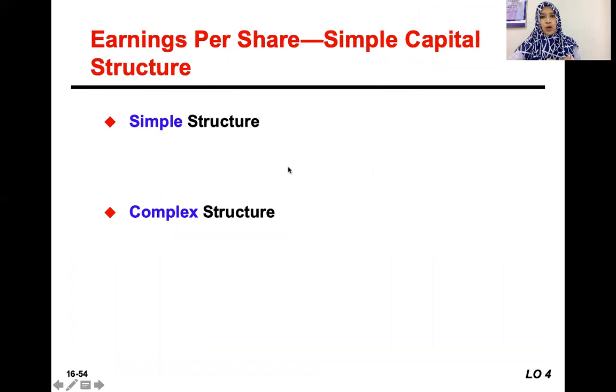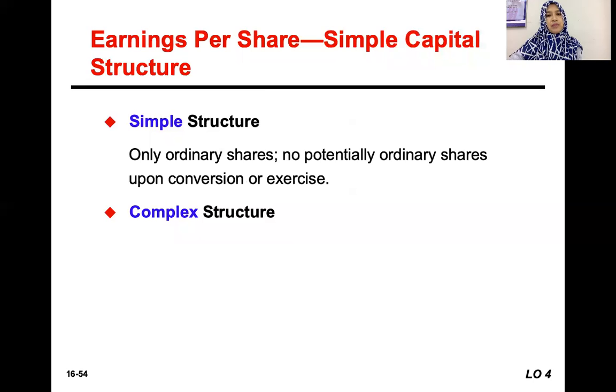To calculate earnings per share, there is a different approach for simple capital structure and complex capital structure. A simple capital structure has only ordinary shares and doesn't have any dilutive securities, or any securities that could be converted into ordinary shares.